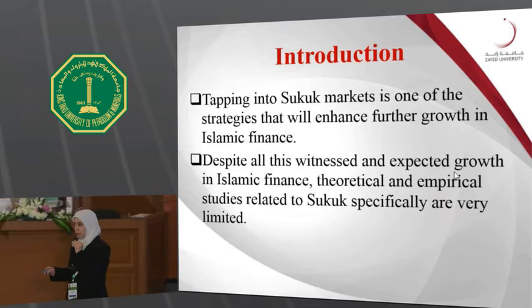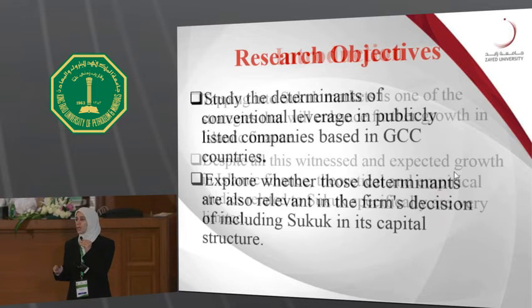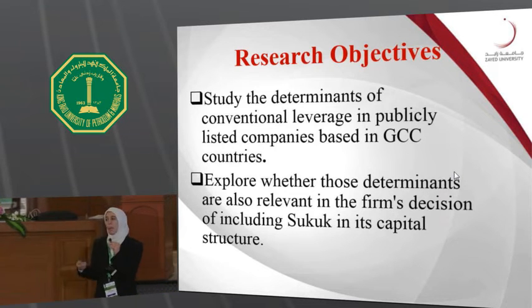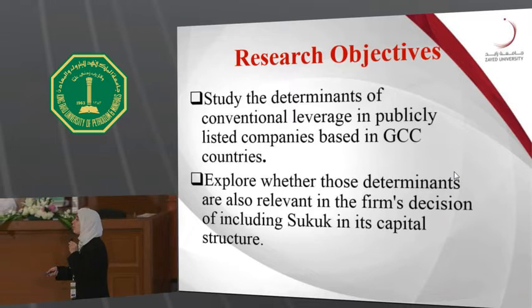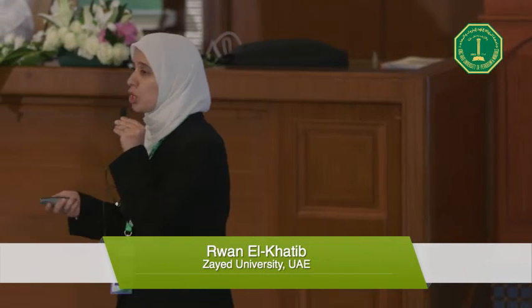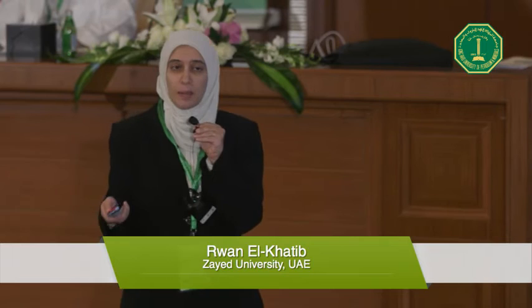There are several corporate finance studies that examine the determinants of conventional leverage in publicly listed US companies, and those studies have been extended to many international countries. There is consensus from all those studies that there is a robust set of financial variables that could be used in conventional models or any other models to explain the firm's financial choice. My objective in this paper is simple and straightforward.